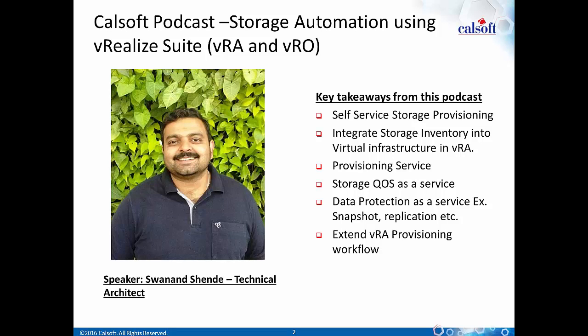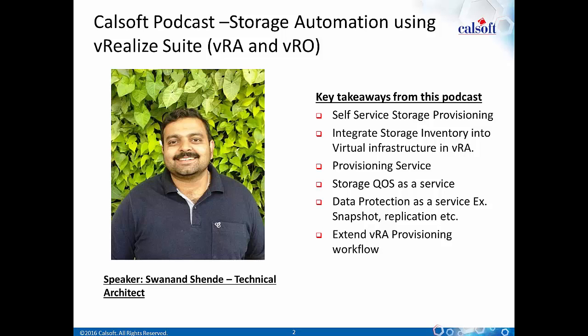The second use case that we are looking at is integration of storage inventory into the virtual infrastructure. The typical problem that we are trying to solve here is that in vRA and in vRO, you have various virtual objects like the virtual machine and the virtual network.